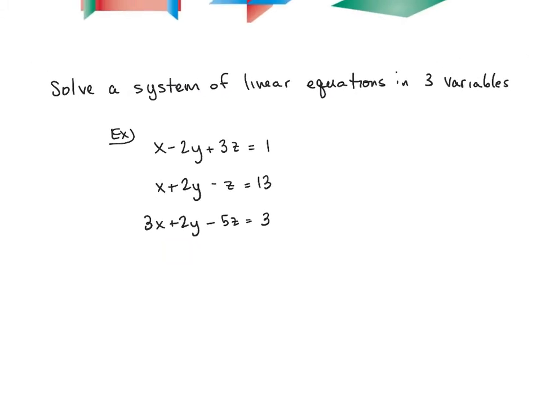So I have this example here, solving a system of linear equations in 3 variables. And we've got those 3 equations. And the way this would need to work with elimination is you can't eliminate a row of all three variables at the same time. Like you couldn't get rid of just a column like that. What you need to do is choose two of the equations and eliminate one of the variables.